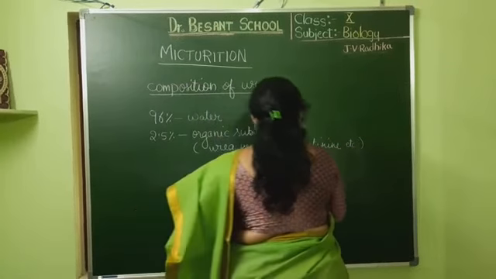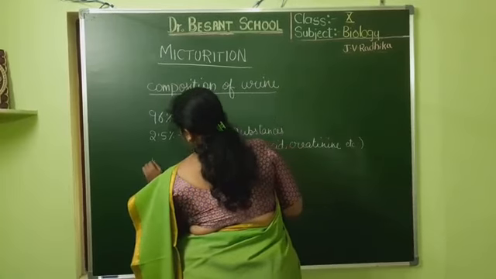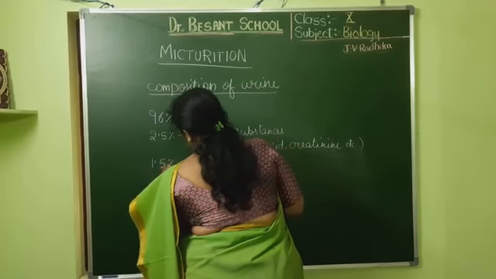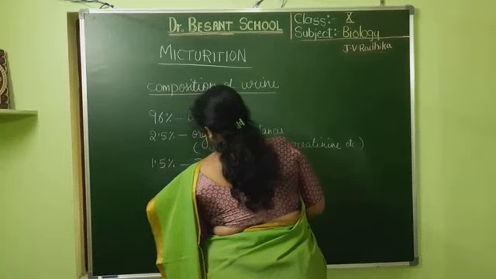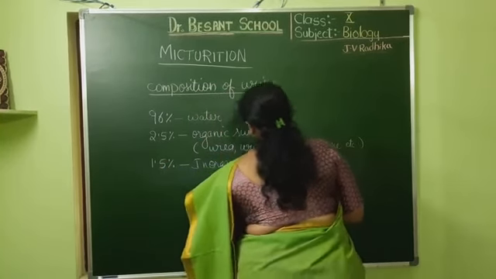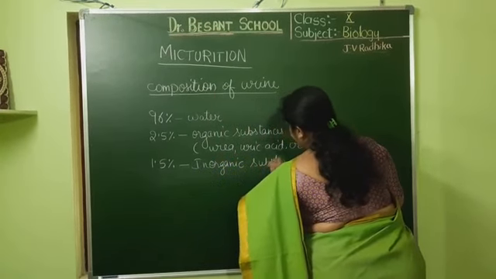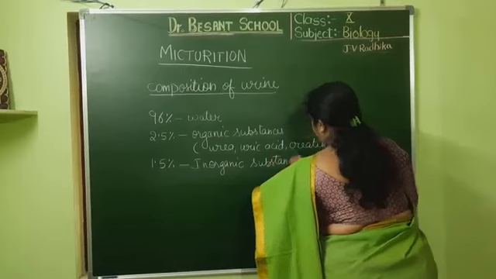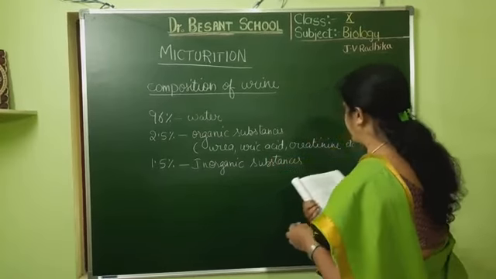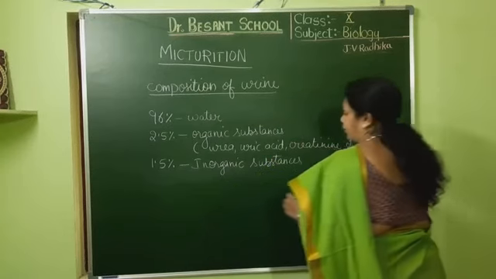Now inorganic is around 1.5%. What will be the inorganic substances? Like all the salts. We have studied about different salts being excreted from the body, isn't it? So all those salts like sodium, chloride, phosphate, sulfate, magnesium, calcium, iodine.